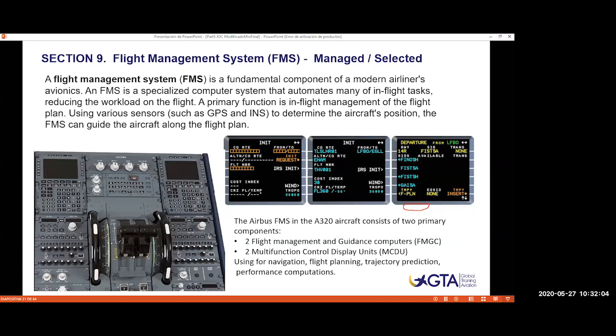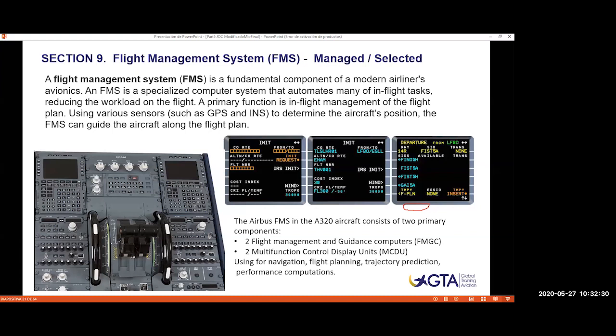These things we have in the aircraft, with the MCDU, the two multifunction control and display units. Each one is for every computer. So we have two FMGC computers and two screens and keyboards to communicate. Remember that they are identical.